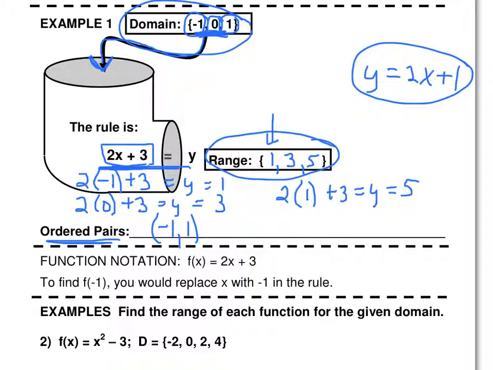And then when you inputted a 0, you got a 3. So that's that ordered pair. And then when you put 1 into the function, you got the 5. So you end up with ordered pairs that represent this function. Because a function can be represented with an equation, with ordered pairs, with a table, and with a graph.